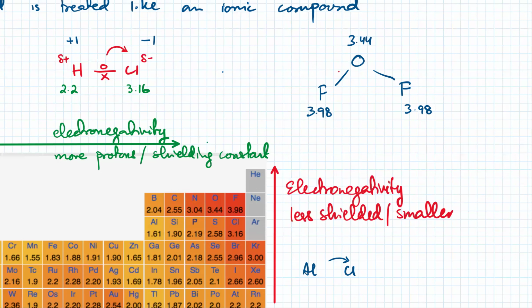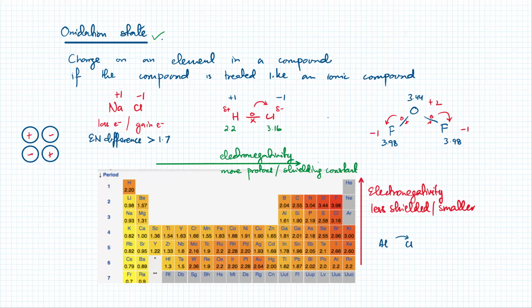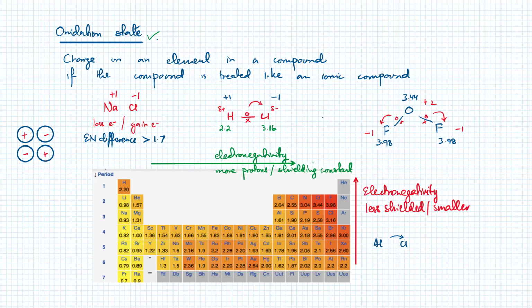So who's the one gaining electrons and who's the one losing electrons? The electrons would be closer to fluorine. So fluorine is going to be -1 and oxygen is going to be +2. Is that clear? Is this part clear? Yes, sir.